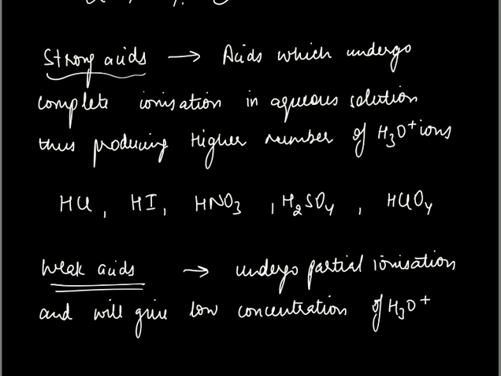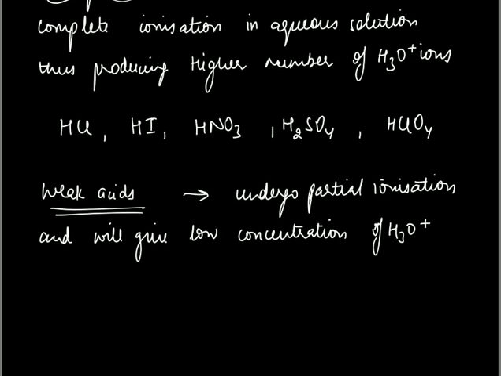Now again, this is in comparison to strong acids. So you can define it like this: acids which undergo partial ionization in aqueous solution and give low concentration of hydronium ions.